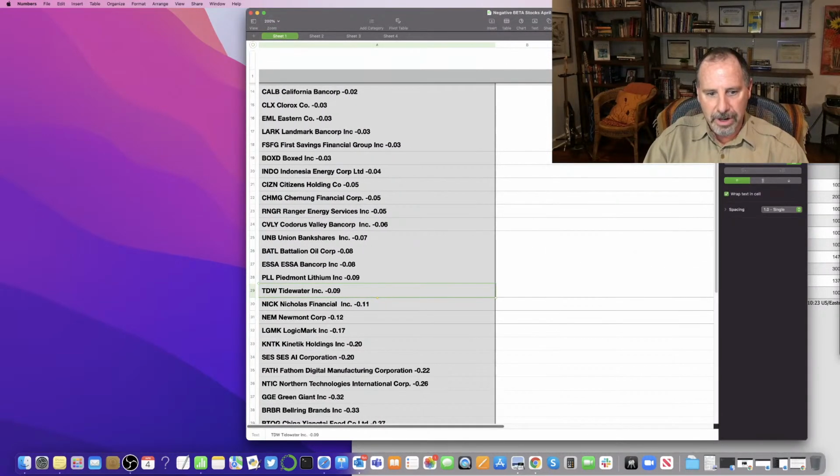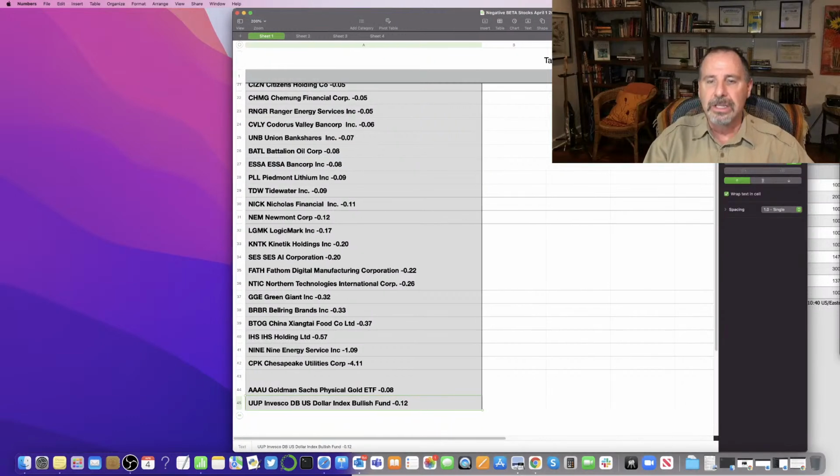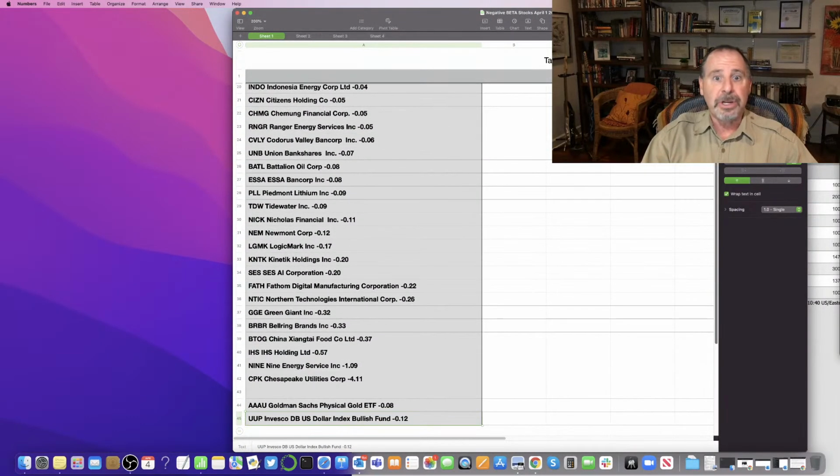So we're going to start at the bottom. The first thing to know is the US dollar index. The US dollar has a negative beta to the stock market. So the way you would look at that is either a strong stock market means a strong dollar, or a strong dollar is bad for the stock market, which may be true.